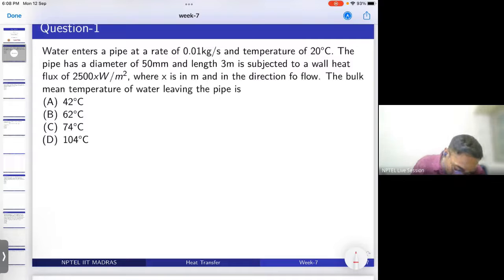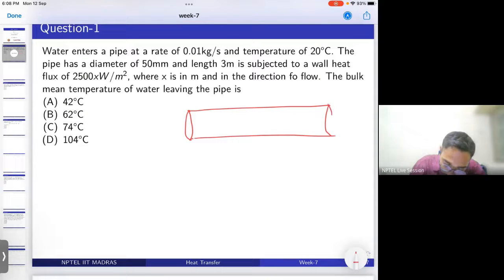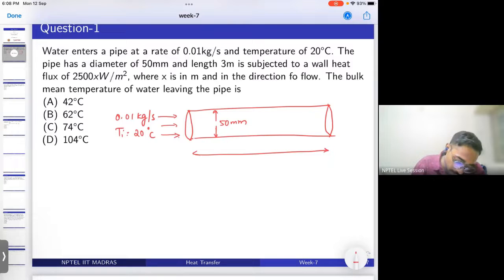So let's draw the schematic. We have a pipe. Water is entering at 0.01 kilogram per second, and the temperature Ti is 20 degrees Celsius, the diameter of the pipe is 50 mm, and the length of the pipe is 3 meter.